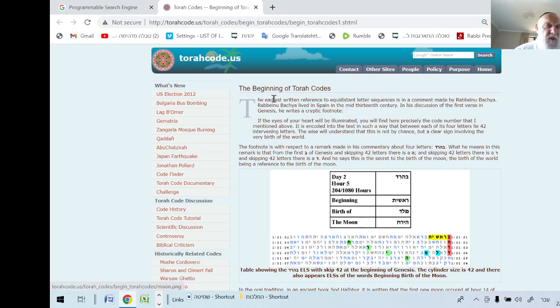So this is a table which Rabbeinu Bachye brings about 800 years ago, clearly saying that the idea we got from tradition from Sinai comes out in the Bible code of 42 letters. And 42 also has significance, as we have to know that the skip of letters very often has an important teaching. So now it is in the teaching that the world was created with 42 letters, Ana B'choach, the name of God, and the birth of the moon comes on the same count.